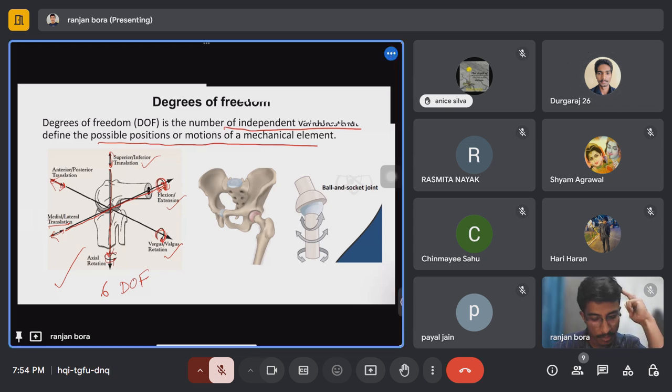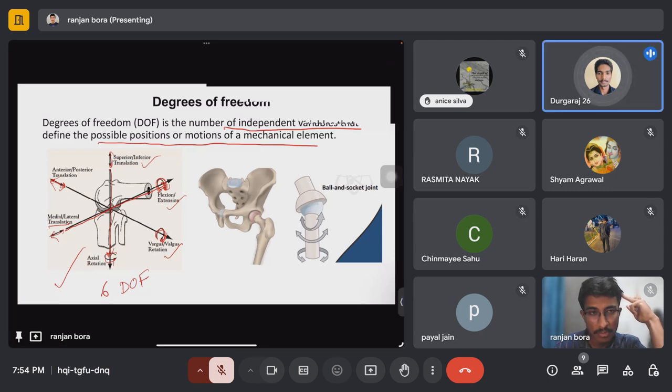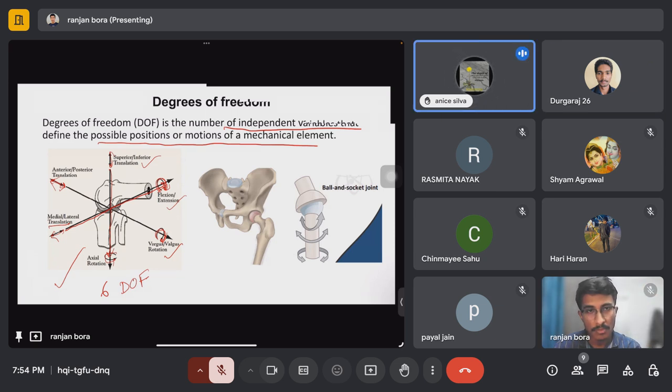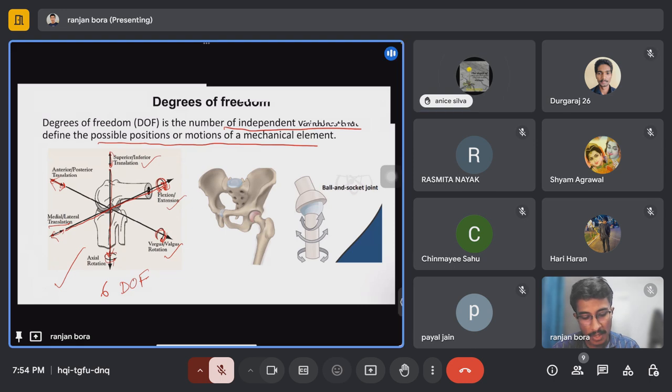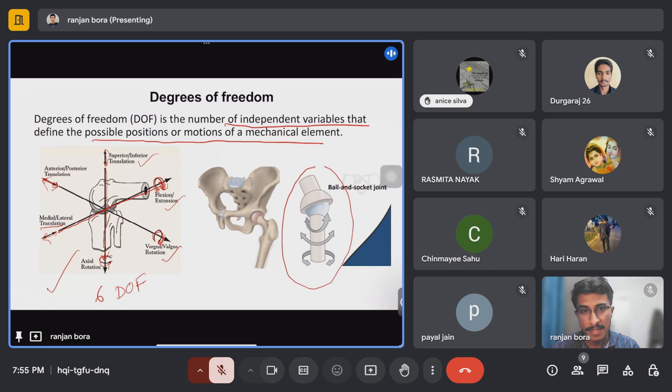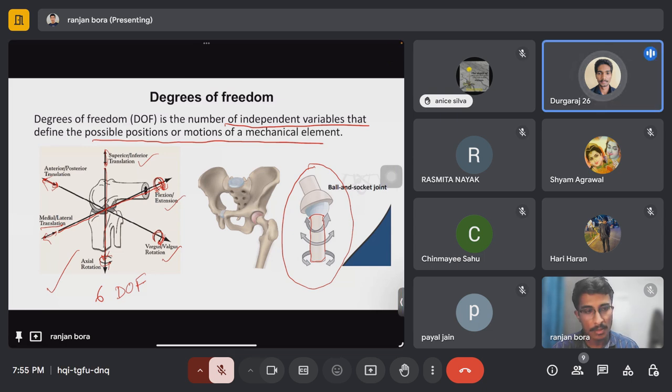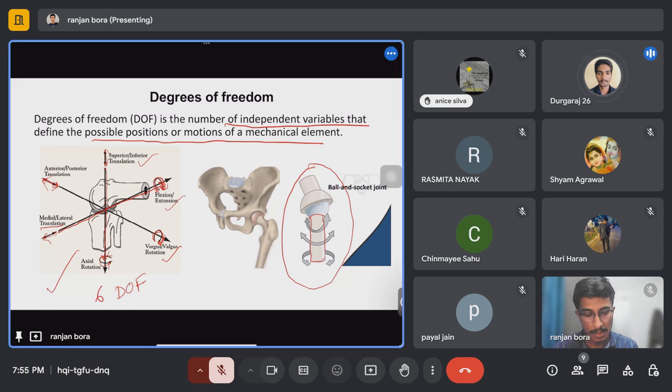How is it four? Abduction, adduction, extension, flexion. I think it is more than six. You can refer to this figure. It is a ball and socket joint, right? For a ball and socket, what are the possible movements? Here it is showing six possible movements.